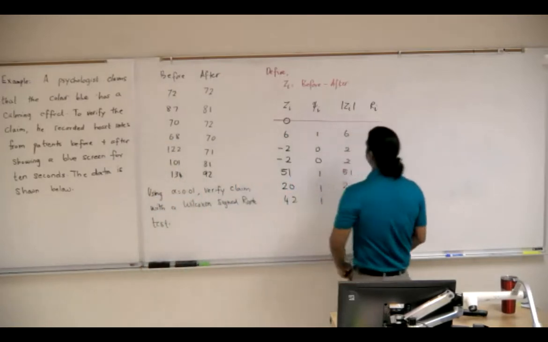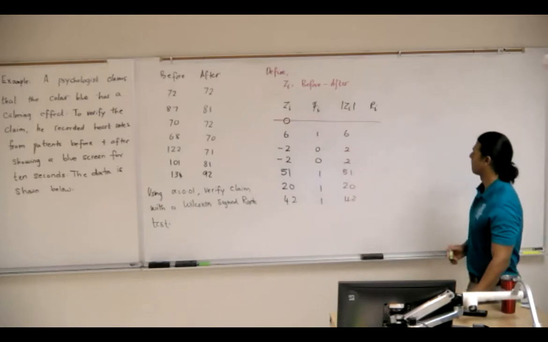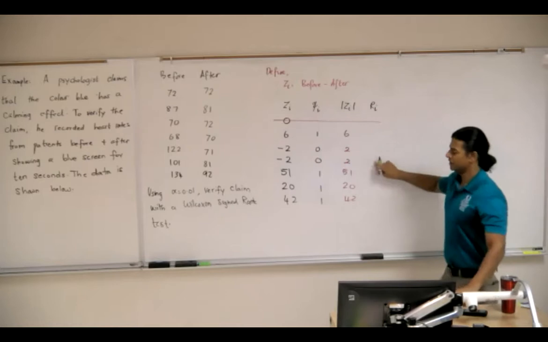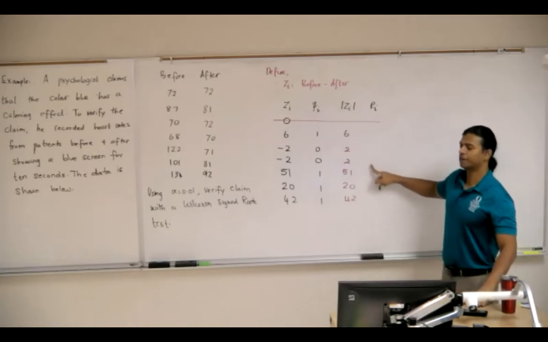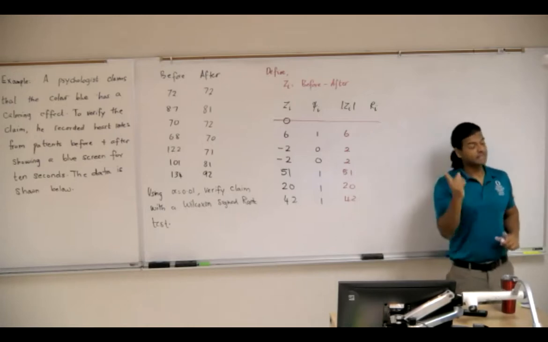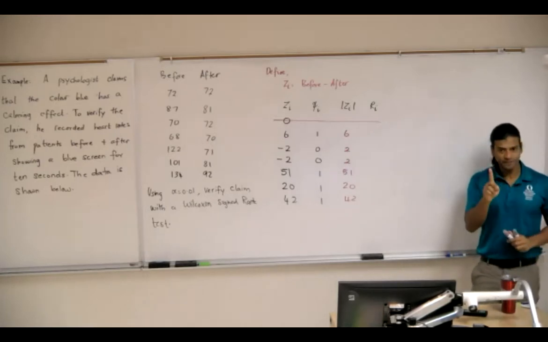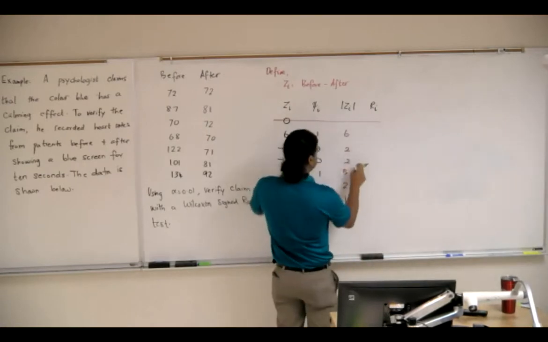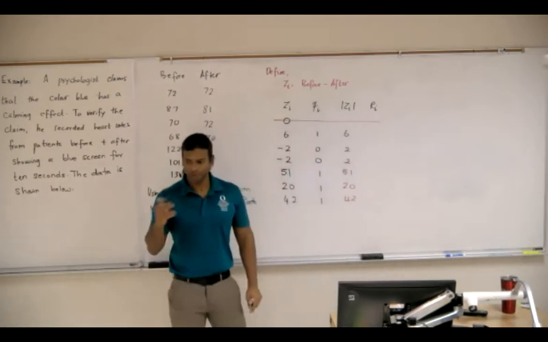Now we want to assign ranks. Well, the lowest would be here. So I've got 1, I've got 2. This is a problem where we have zeros and we have ties. Anytime you have a tie, you take the average of the ranks.